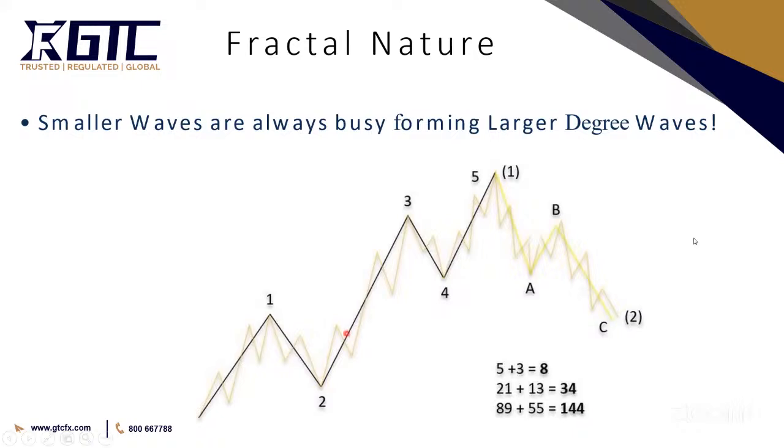Did you realize there are 4 different ways to see the same chart on the same screen that we have presented here? One wave is just 2 waves, the other one is 8 waves, the other one is 34 waves, and the last one is 144, and it doesn't end there. You can go deeper. There are actually 9 levels you can go.